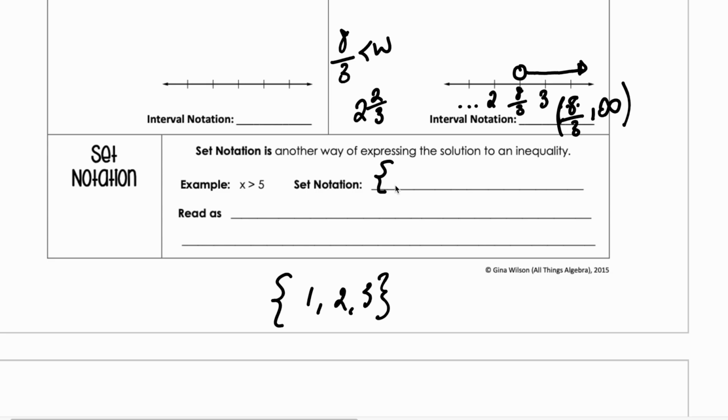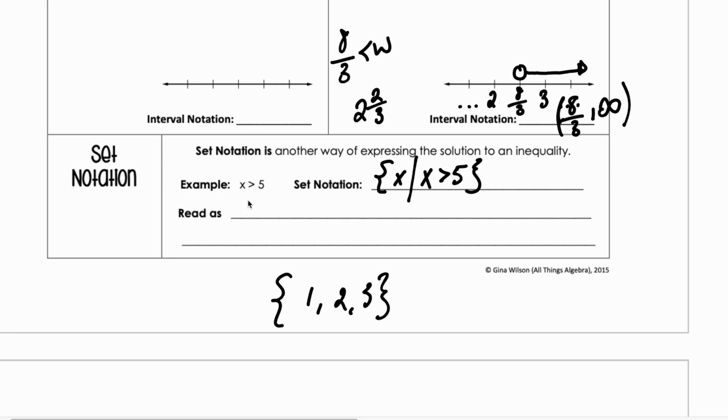So you have the set of x values where x is greater than 5, for an example. And so that's just how we read it. It's just saying the set of values where x is greater than 5 is what is in the set. It would be way too strenuous to write all of those numbers inside those brackets, so we would write it in that format.